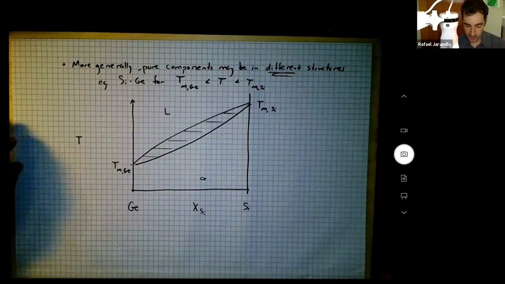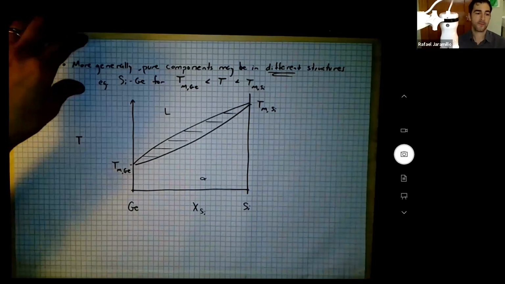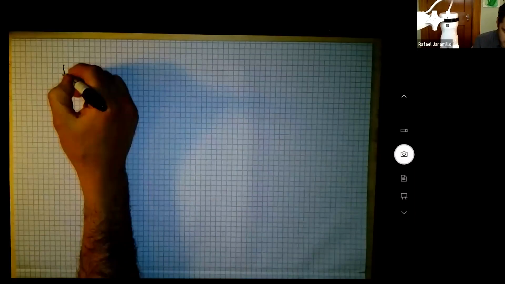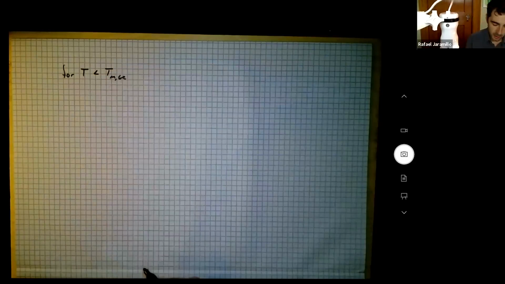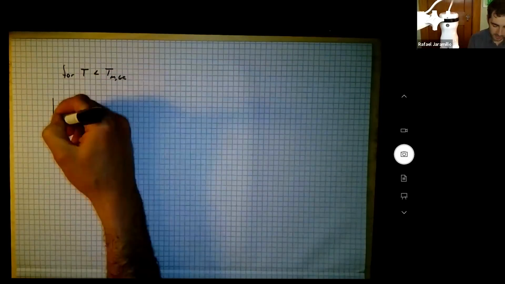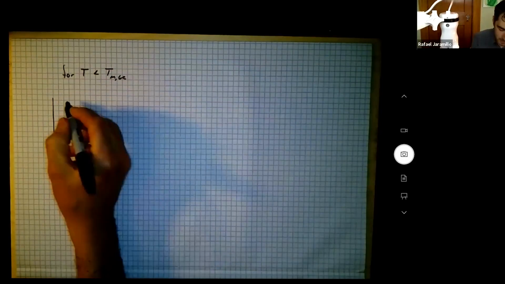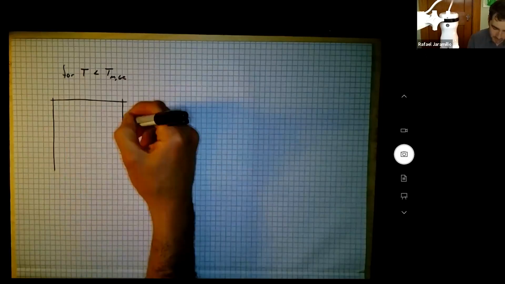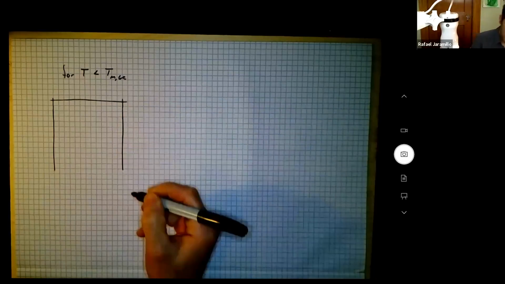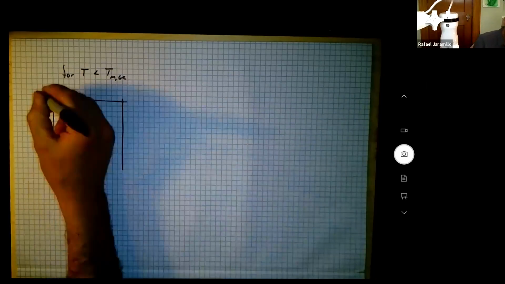So let's look at what that looks like. For temperature less than the melting point of germanium, we can draw a free energy composition diagram. And let's just say it looks something like this.